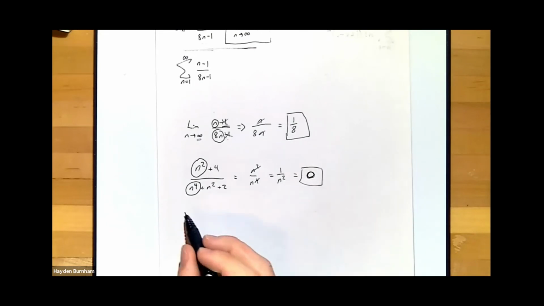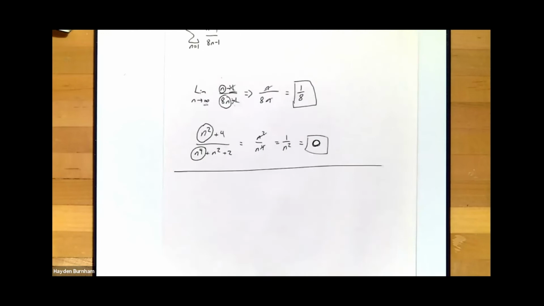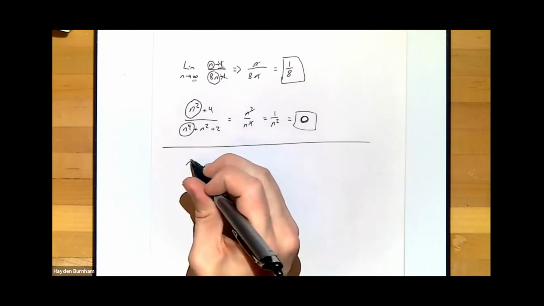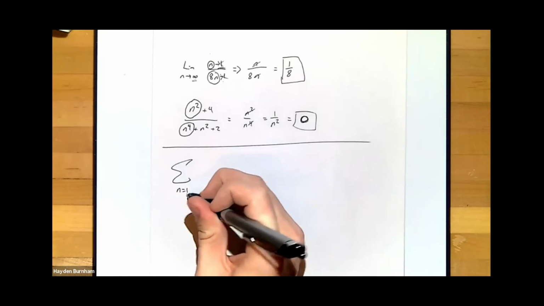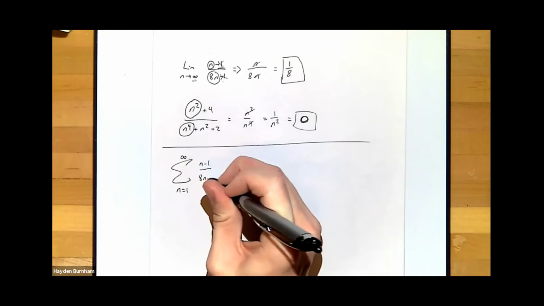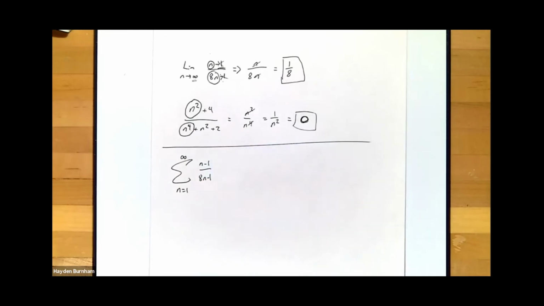Okay, so that's for taking limits, but that's also for looking at sequences. Now we want to look at this series. So we first need to test, is this series going to be convergent?